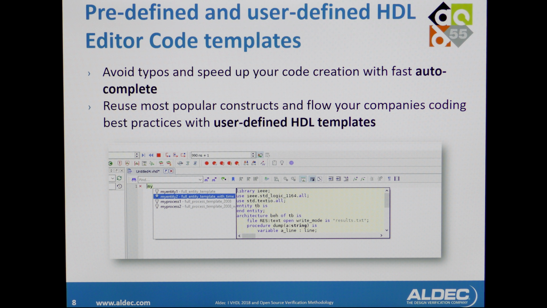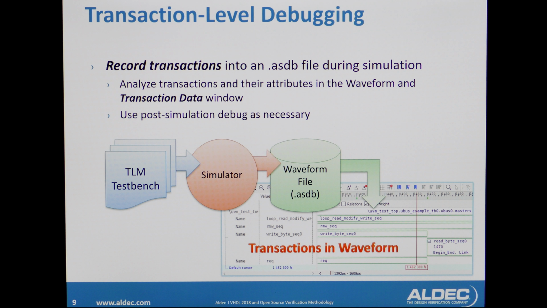To avoid typos and speed up your code creation, we have HDL editor code templates. It's useful for reusing the most popular constructs and helps in following your company's coding best practice with user-defined HDL templates.